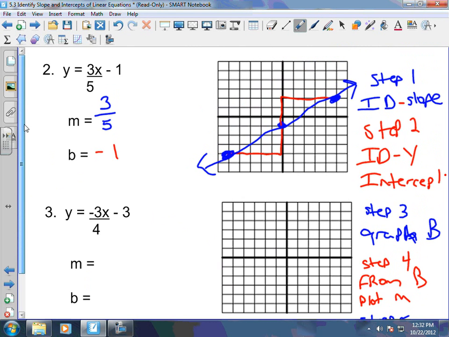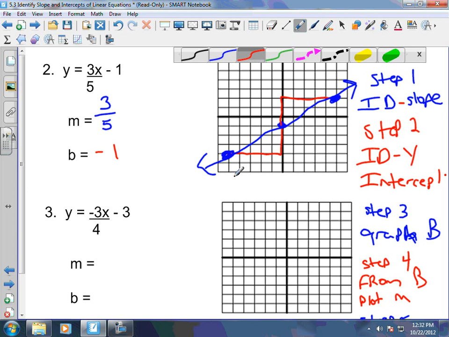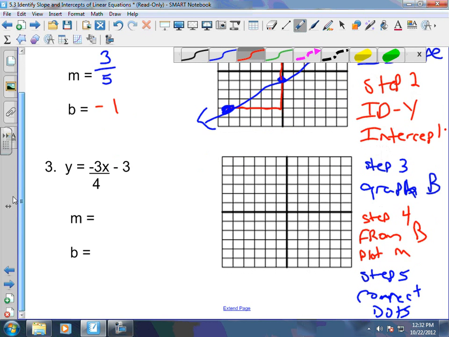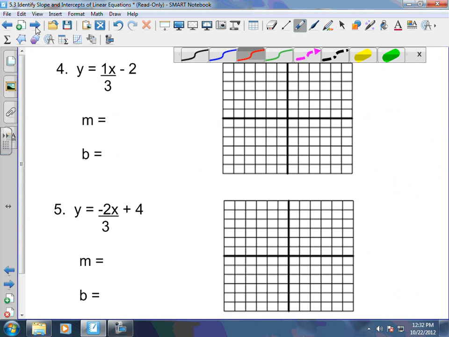So it's a 5-step process. Now, the last thing I'm going to do is just a little check to make sure I'm right. Is this line positive or negative? Does it go up from left to right or down from left to right? It goes up, so it's positive. Is my slope positive? Yes. So it checked.